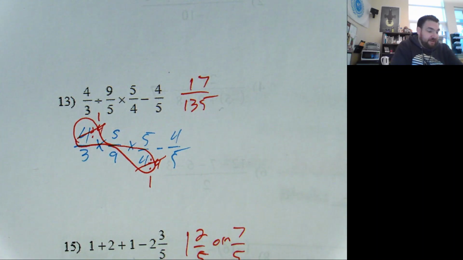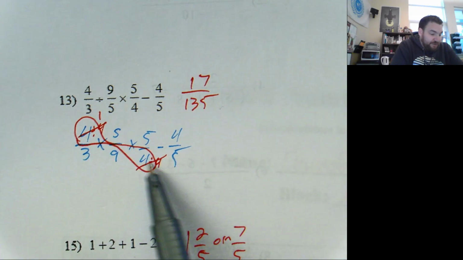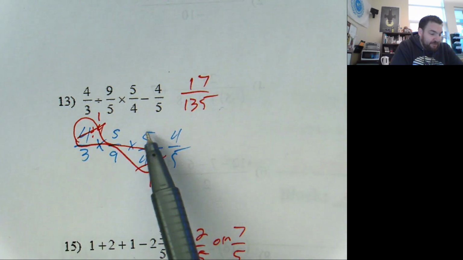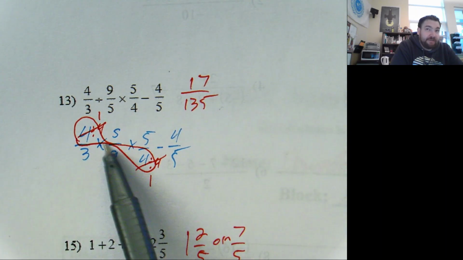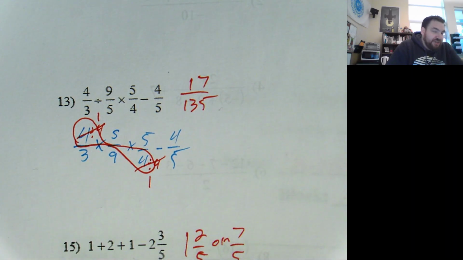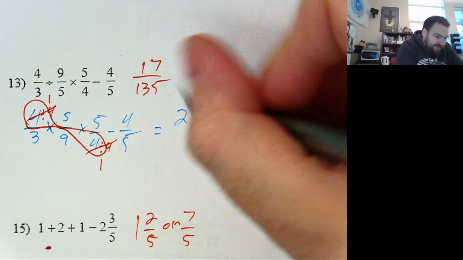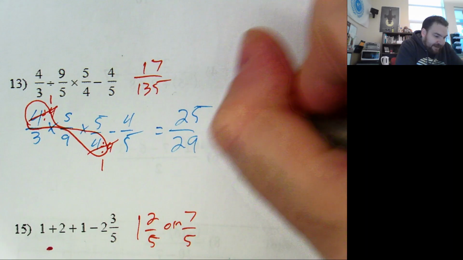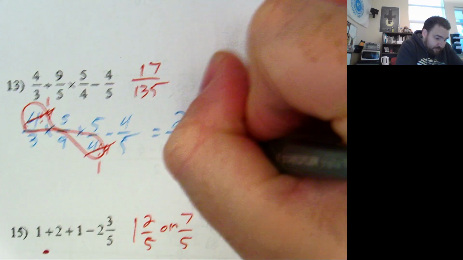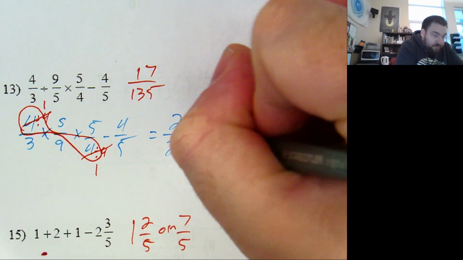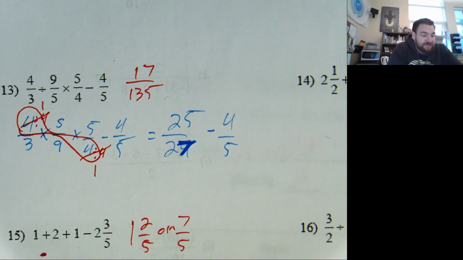So that actually makes our life a little bit easier. I can get rid of those 4s, and now I'm just going to multiply the 5 and the 5 and the 3 and the 9. So this question turns into 5 times 5 is 25, 3 times 9 is 27, minus 4/5.